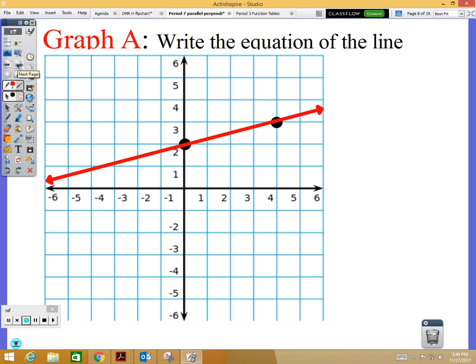So here is graph A. So we're going to write the equation for graph A. Why don't you try writing the equation on your own? So identify the y-intercept, find your slope, then put it into your formula.